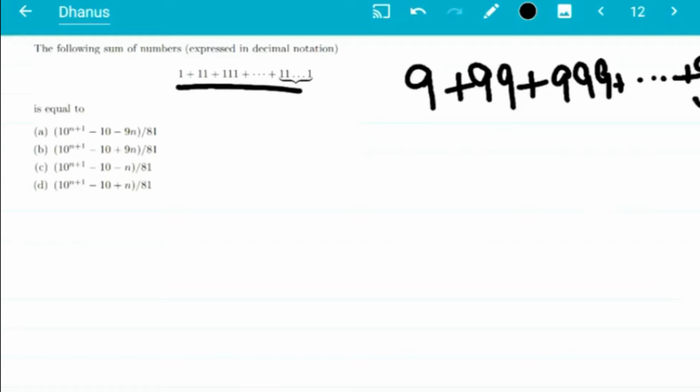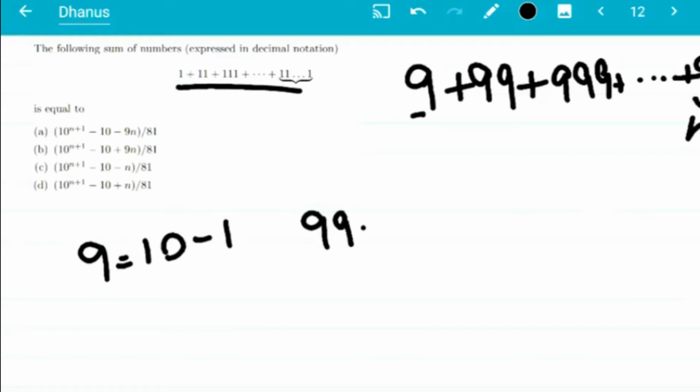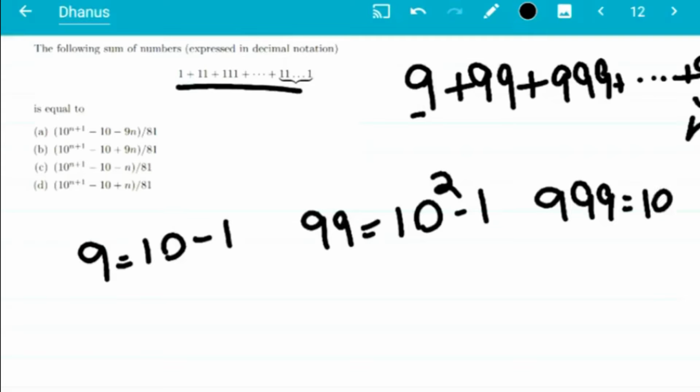That will contain n 9s, and each 9 can be written as: 9 is equal to 10 minus 1, and 99 is equal to 10 square minus 1, and 999 is equal to 10 cube minus 1.